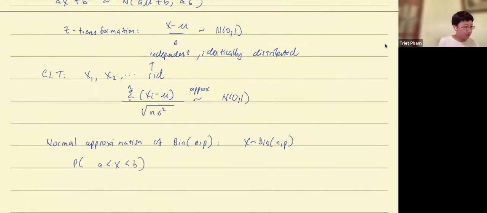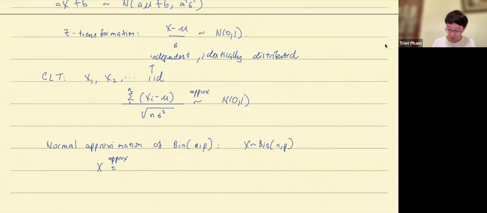Let me just say that X is approximately a normal random variable with mean np and variance np(1 minus p) when n is large.